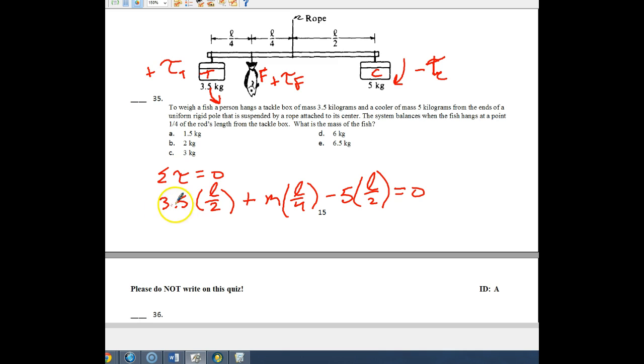So at this point we're going to do 3.5 divided by 2, and if you do 3.5 divided by 2, you should get 1.75 times L, plus here we've got the mass of the fish, which we don't know, so that'd be m times L over 4, and then we have minus 2.5 times L, and that's equal to 0.